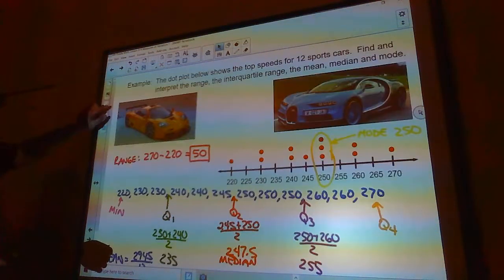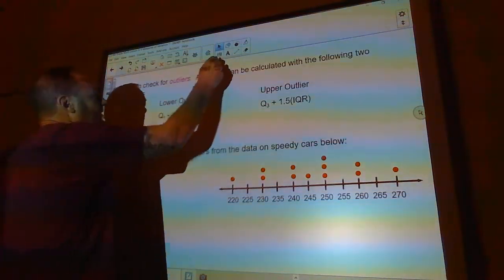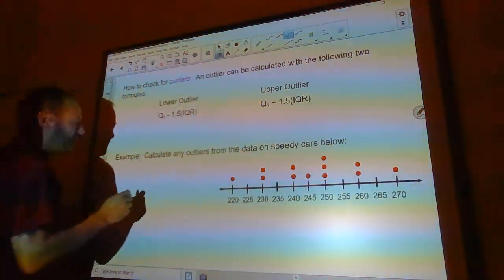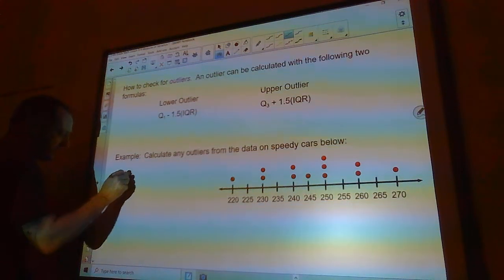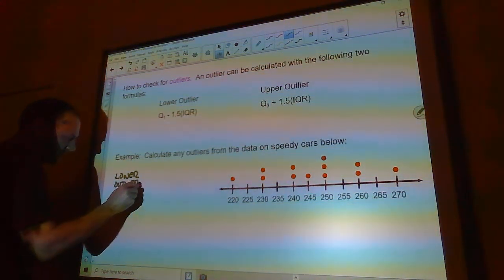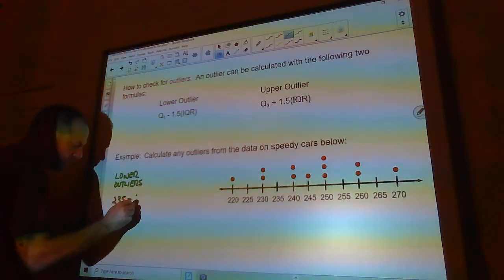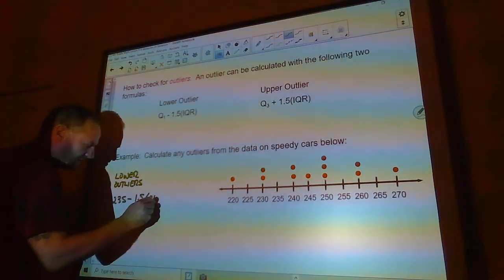So my data, Q1 was 235. So if I'm going to calculate lower outliers, that's going to be 235 minus 1.5 times 20.